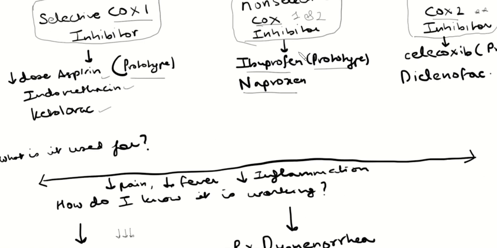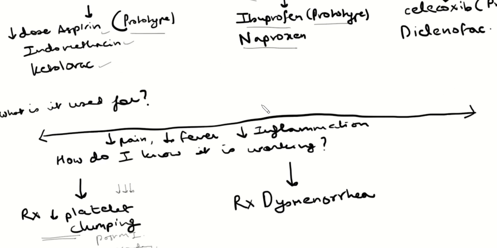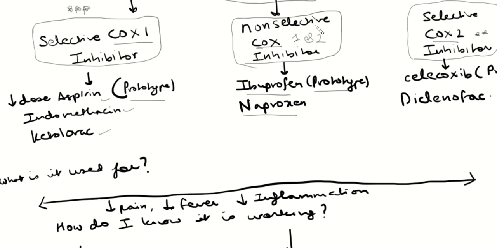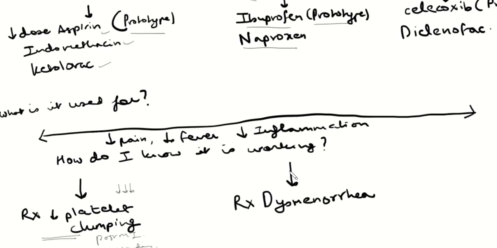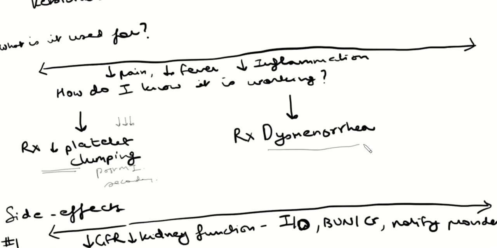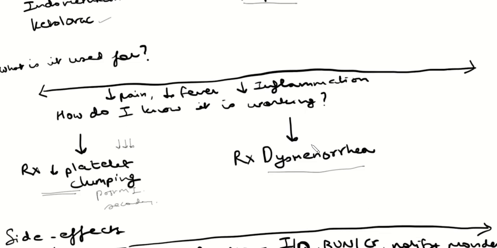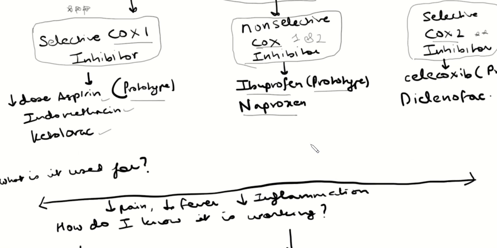Okay. With drugs like ibuprofen and naproxen, again, we had smooth muscle contraction with these medications. We can decrease those, so it's also used for dysmenorrhea. Okay, dysmenorrhea.